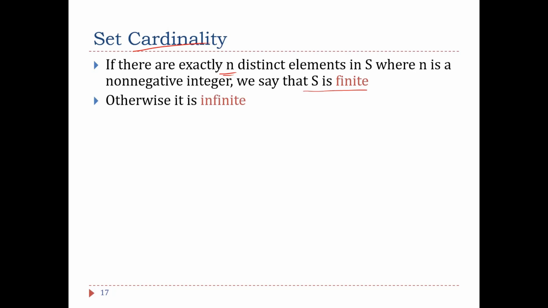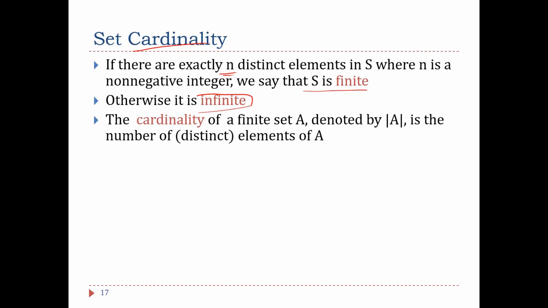Otherwise, it is infinite, and we will have a whole session about the cardinality of sets later on, after we talk about functions, in a couple of sessions. The cardinality of a finite set is denoted by vertical bars around A. It's the number of distinct elements of A.